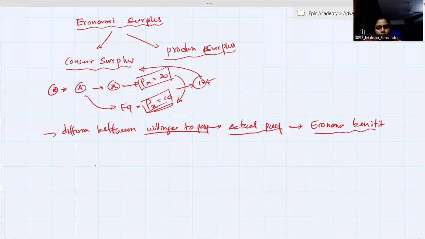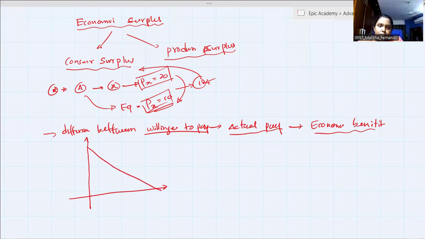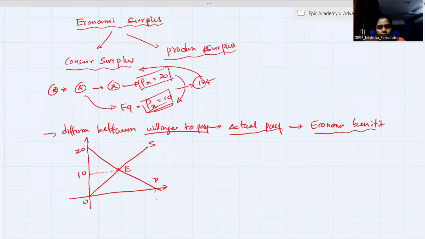Then consider how we can calculate that consumer surplus, and where the consumer surplus is represented on the demand and supply curves. For example, just consider this is the supply curve, this is the demand curve, and this is the equilibrium position, where this is the equilibrium price, this is the maximum price, this is the minimum price, this is the maximum demand, 300, this is 100.